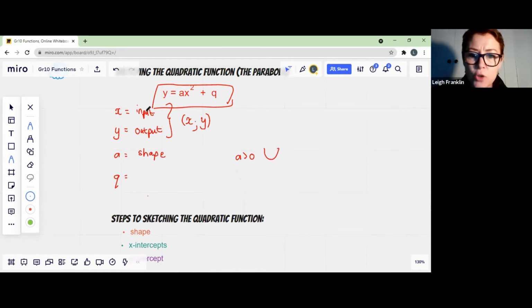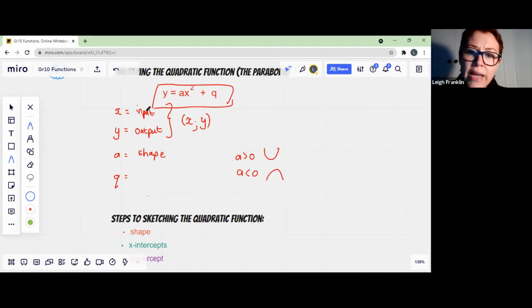The other thing that's super important about A is to know that when A is negative, your graph is going to be a sad face. Okay, so we need to know that from the outset. So A is going to be a number. If it is a positive number, the graph is a smiley face. If it's a negative number, then the graph is a sad face.